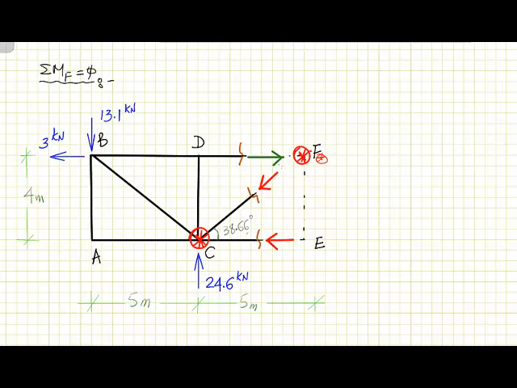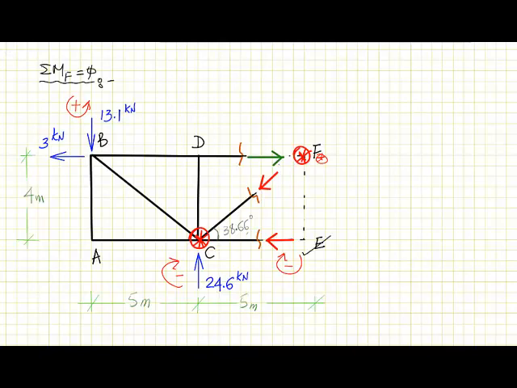We have this force, so we need to know in what direction it will rotate. It will rotate about F clockwise, so it is negative. This force will also rotate about F clockwise, so it is negative. This force will rotate counterclockwise, which is positive, and this one passes through the point, so it will not cause any rotation and will not be considered. Now we can go back to our calculation with the rotation directions.